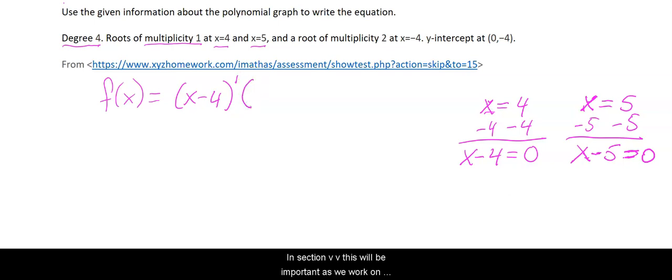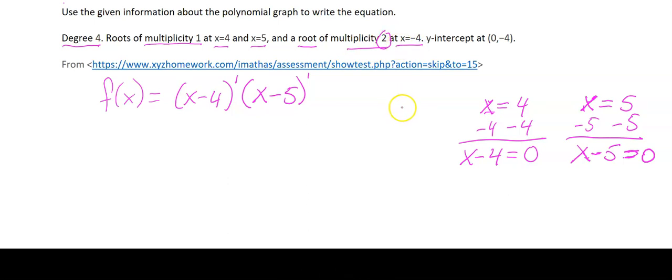In section 5.5, this will be important as we work on long division and synthetic division. Since the multiplicity on that factor is also 1, its power is also 1. We do not have to write the 1 power, but it's not wrong if you do. The next one says that we have a root of multiplicity 2 at x equal negative 4. This time I have x equals negative 4.